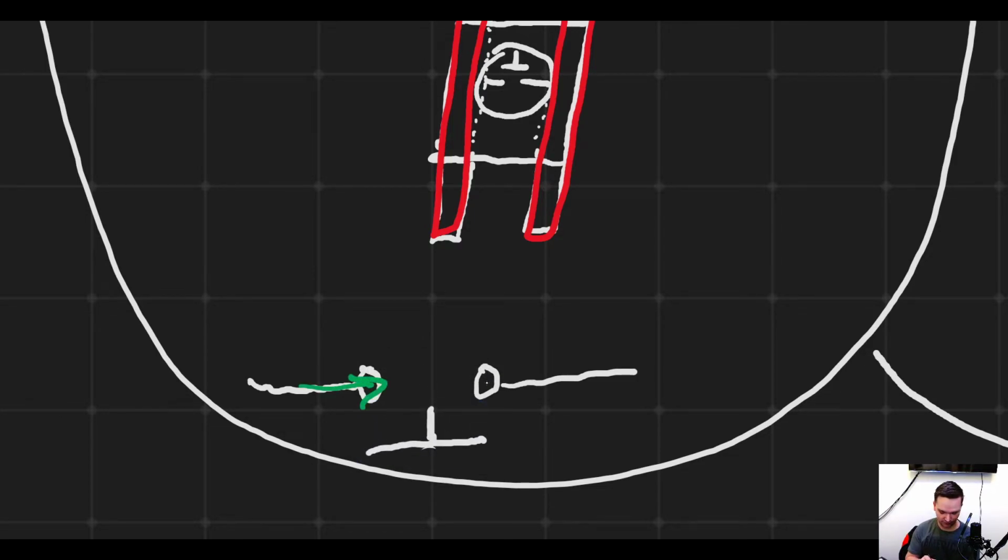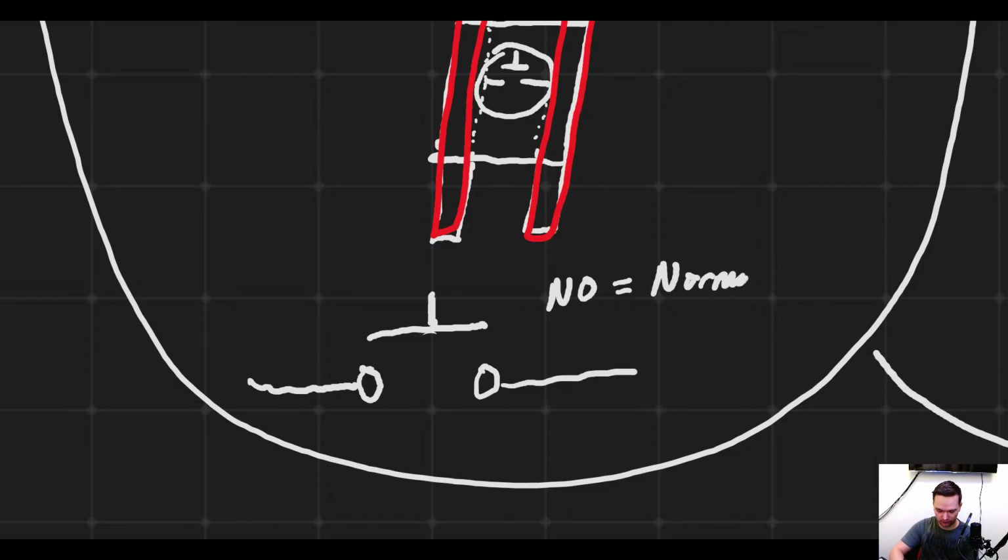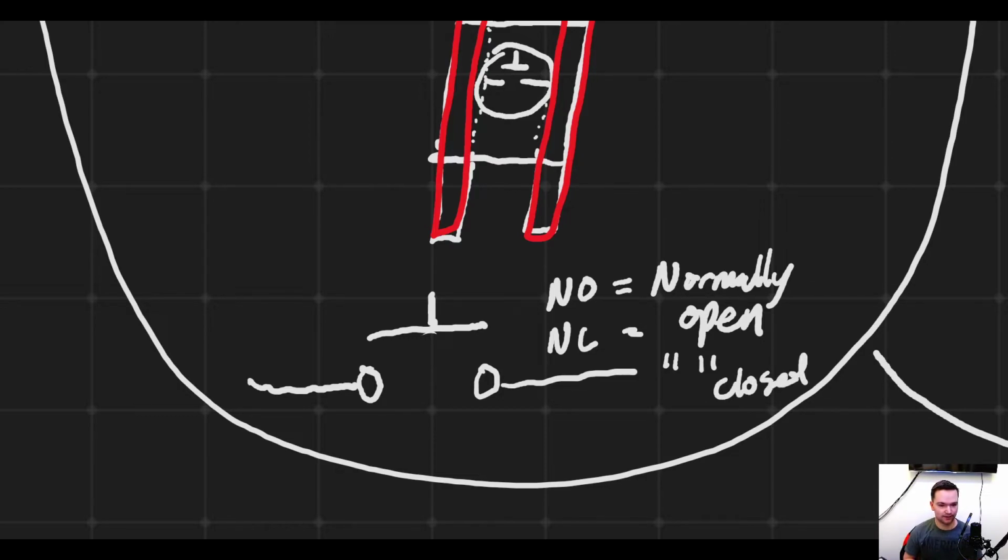No more place for current to flow directly through. So those are generally written as NO or NC. NO equals normally open, and NC equals normally closed. I'm just going to write that like that.